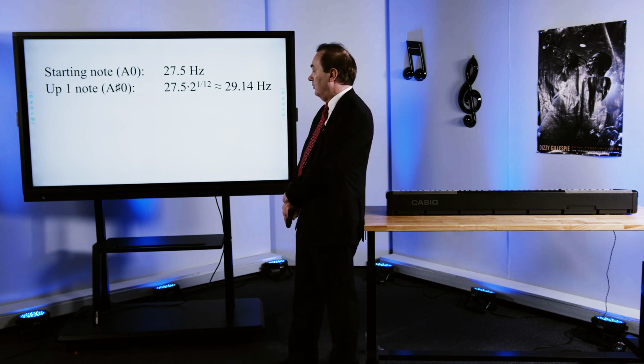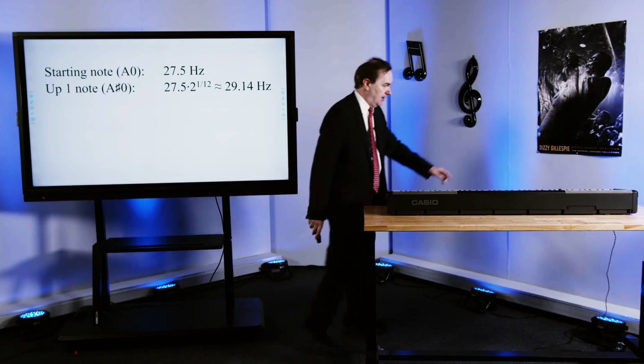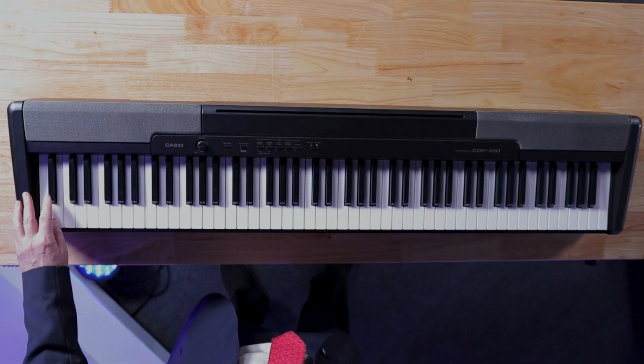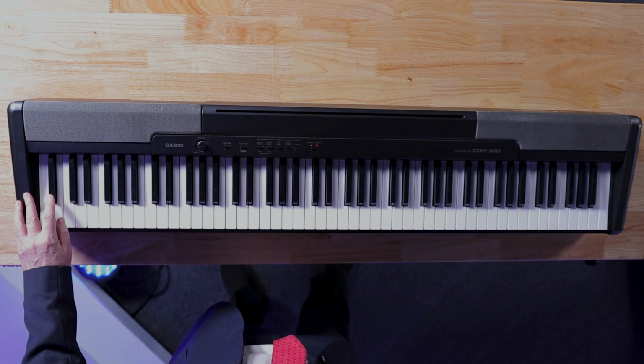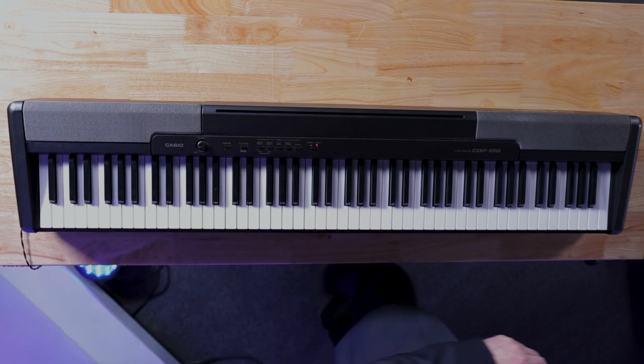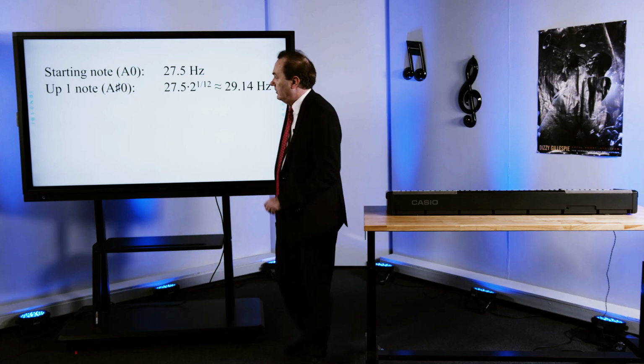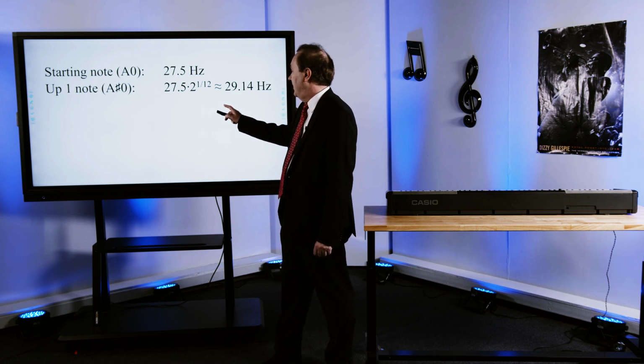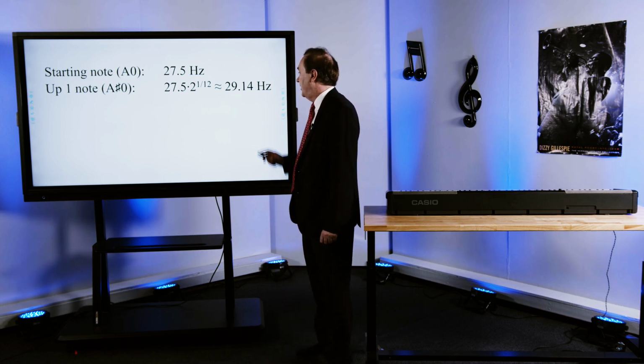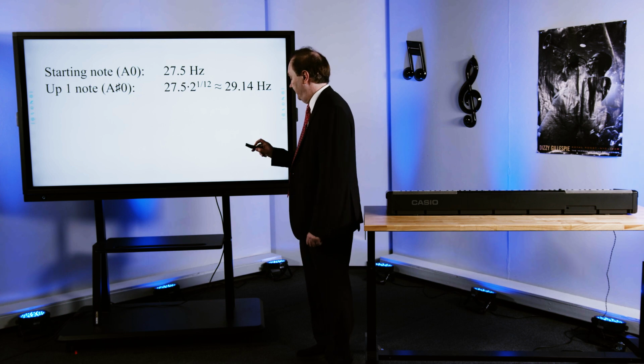If we go up 1 note, we'll be at the note A♯0. Okay, so hang on. Here's A0. Going up 1 note above that, we have A♯0. You could also call it B♭0. The frequency would be 27.5 times 2 to the 1/12th. That gives us approximately 29.14 hertz.